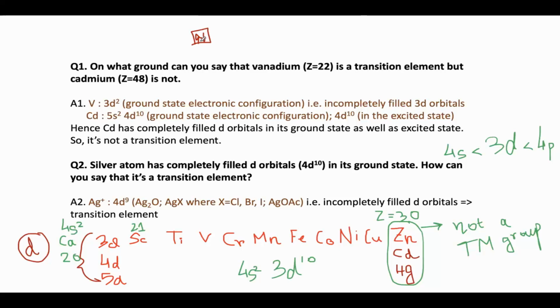Now we will come to the 3d orbital. As we know, the 3d orbitals are 5 in number: dxy, dyz, dzx, dx2-y2, and dz2. Now we have 10 electrons in the 3d orbital of zinc.